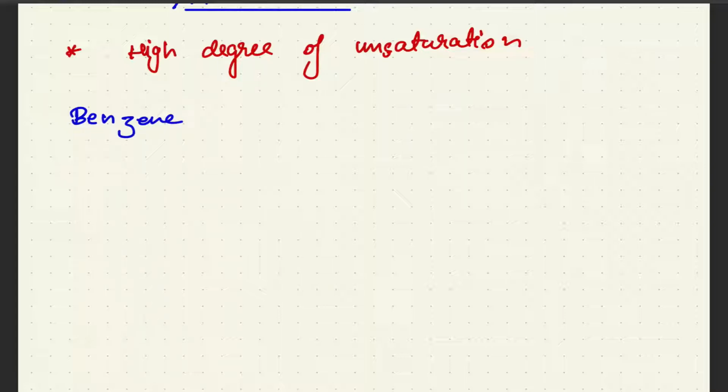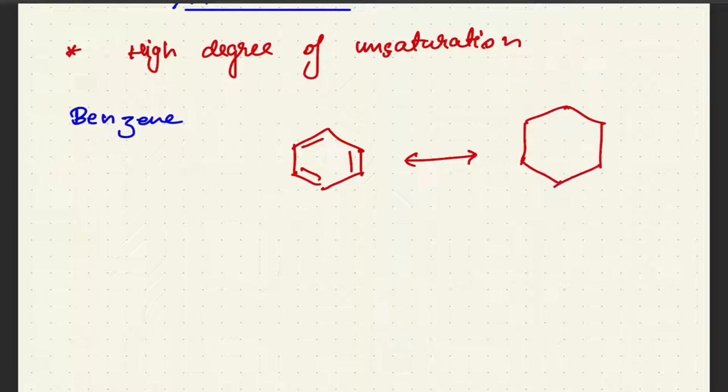in organic chemistry. So, benzene has a structure like this, or like this.